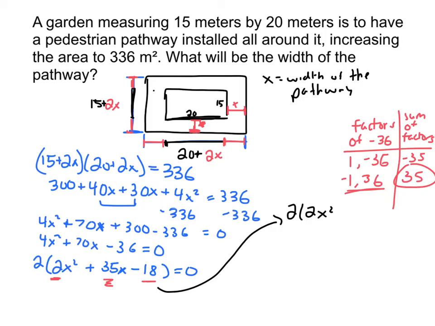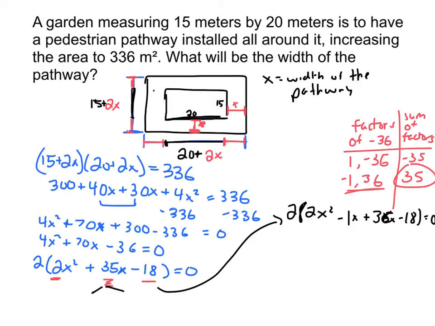I'm going to break that 35 down into minus 1x plus 36x minus 18 equals 0. I haven't changed the equation, because minus 1x plus 36x is the same thing as 35x. I've basically broken this 35 into 2 pieces.